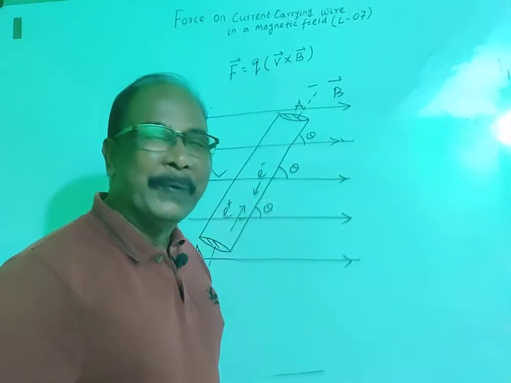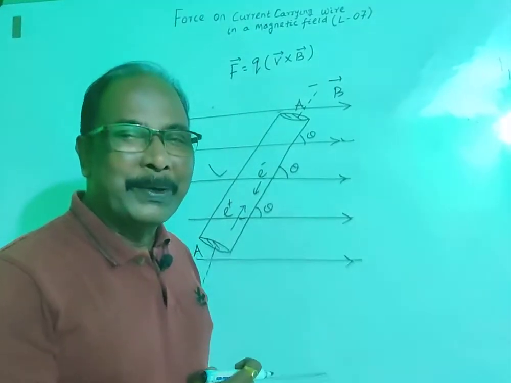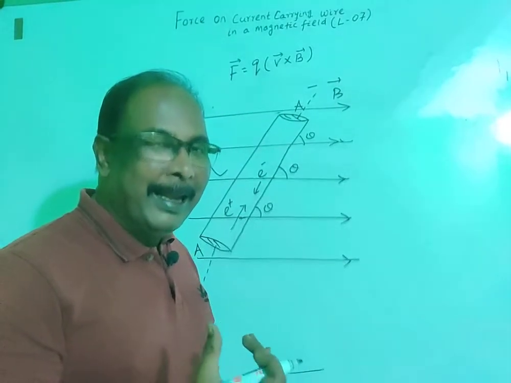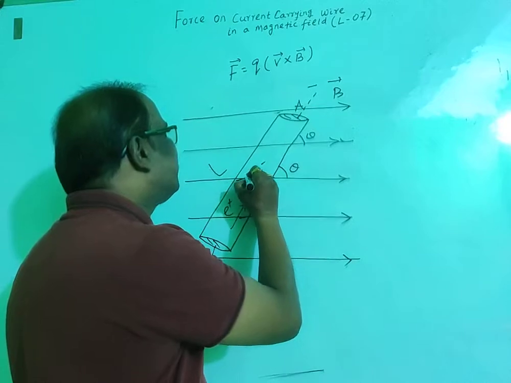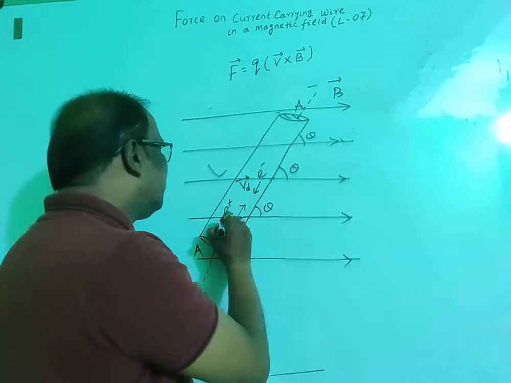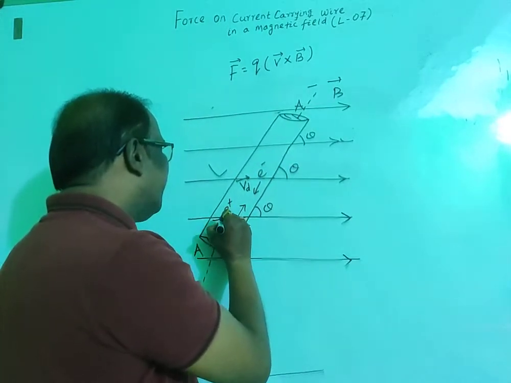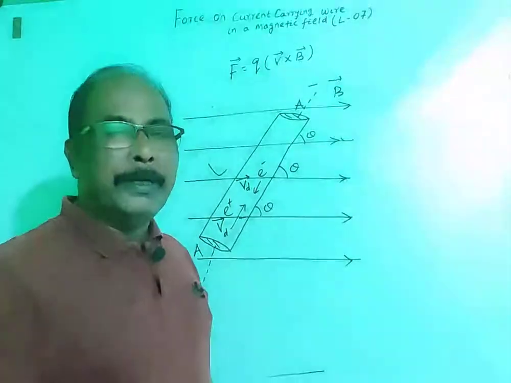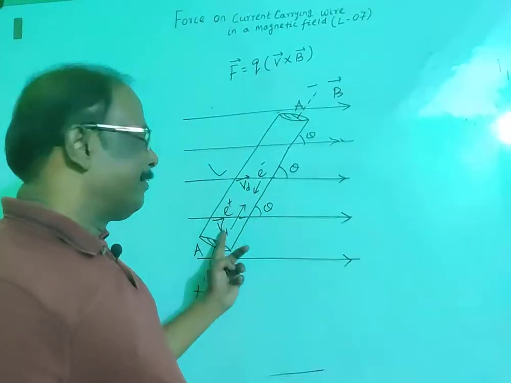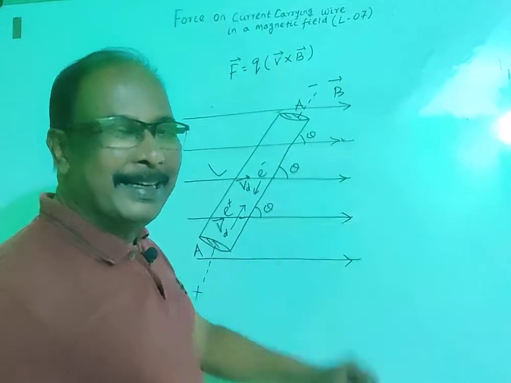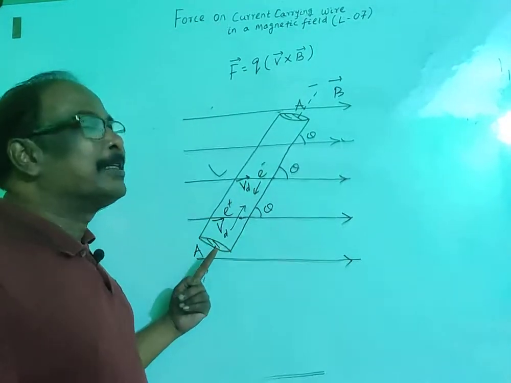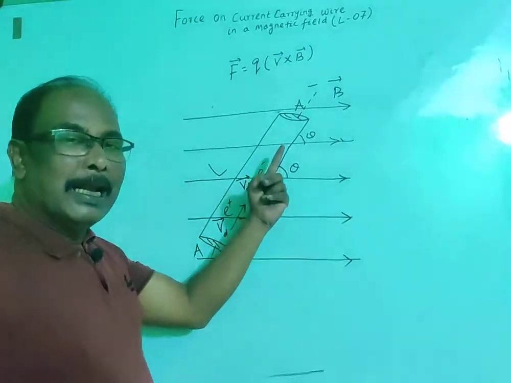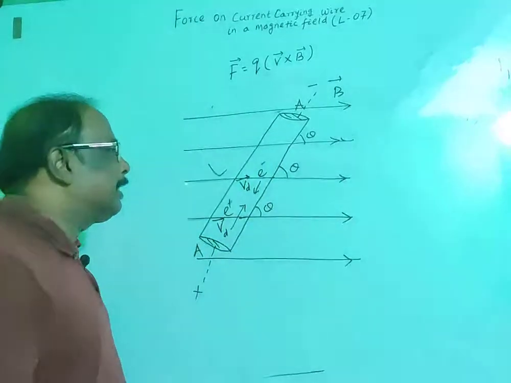As we know, at a given temperature, free electrons move with drift velocity Vd. Of course, this positive charge is assumed to move with the same speed, with the same velocity but in the opposite direction. So this is the flow of positive charge, meaning the flow of conventional current. Current is flowing in this conductor.